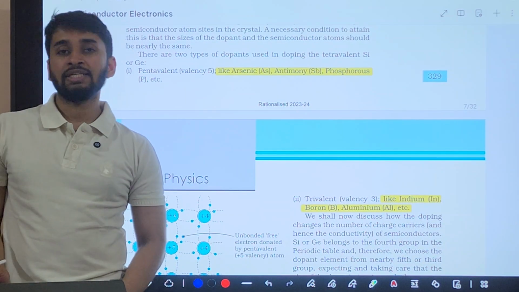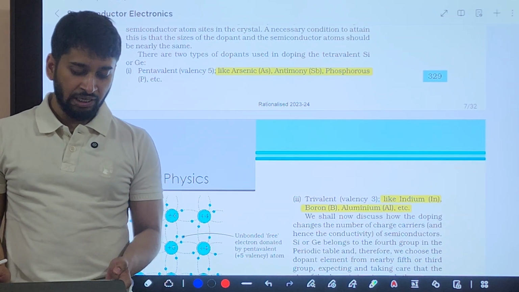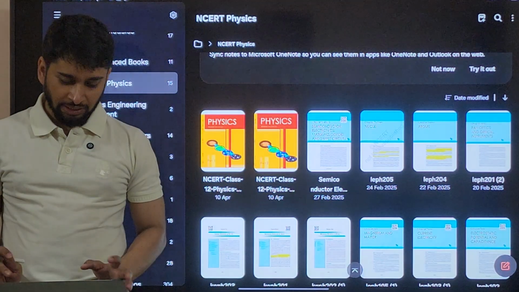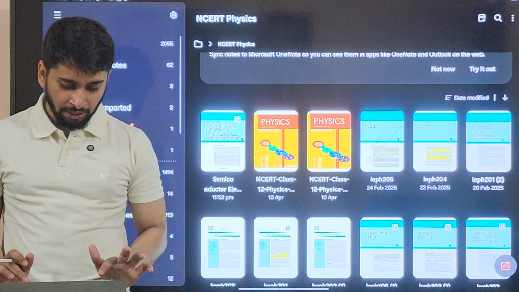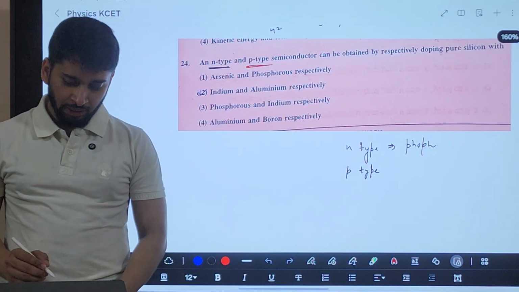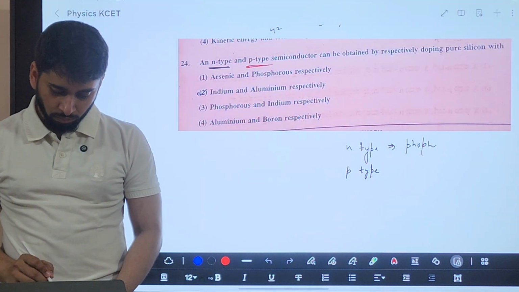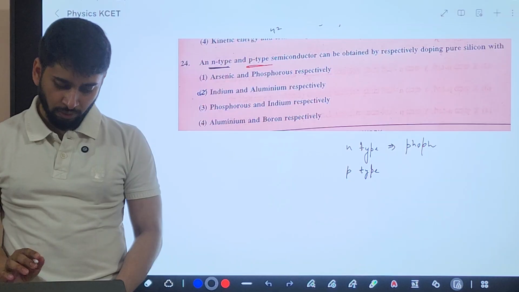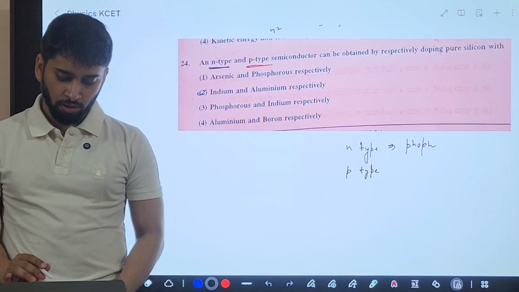So this data is directly there in NCERT. You have to check it out yourself. So arsenic, antimony and phosphorus are for N type.